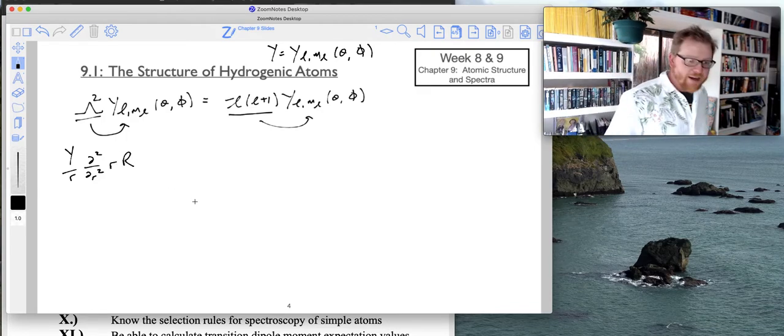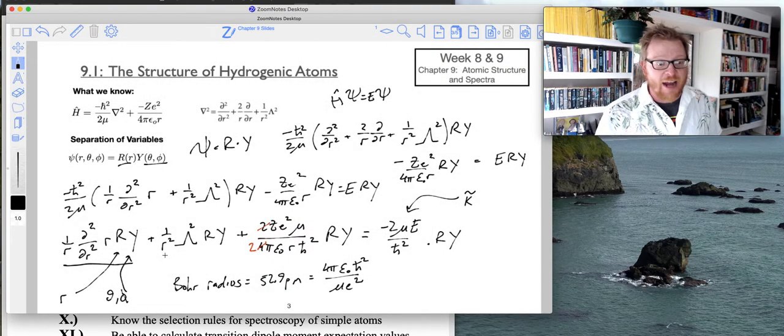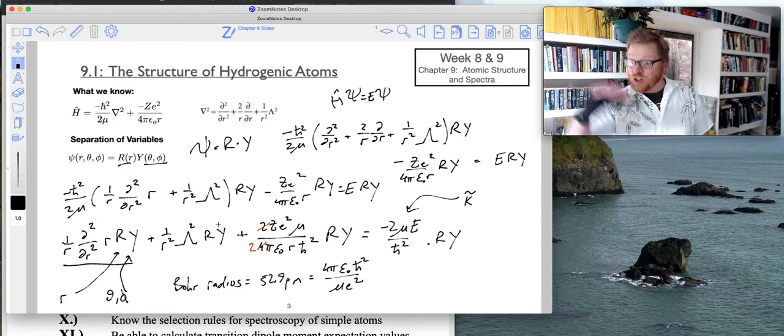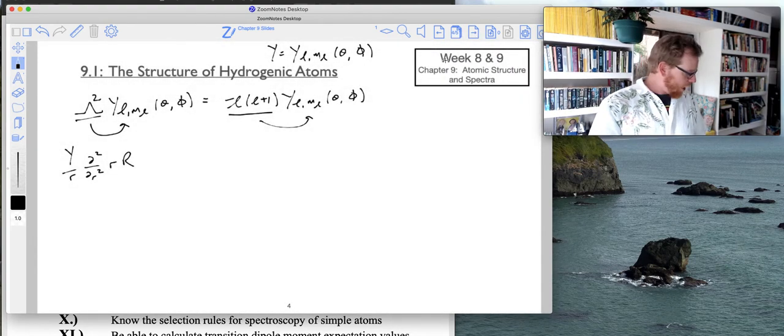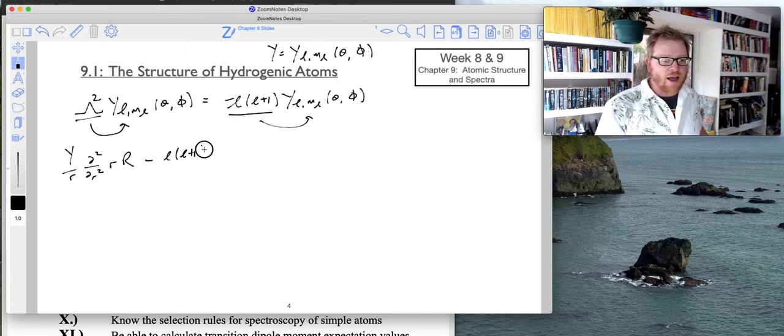Now if I focus on this term, 1 over r squared, Legendrian squared times R times Y, I know I can take that R out. And when the Legendrian operates on Y, just as I showed you, we get negative L times L plus 1 and the original wave function Y. So that second term becomes negative L times L plus 1 divided by r squared, and then I can substitute back that R. It doesn't matter what order it's in. And then times Y.